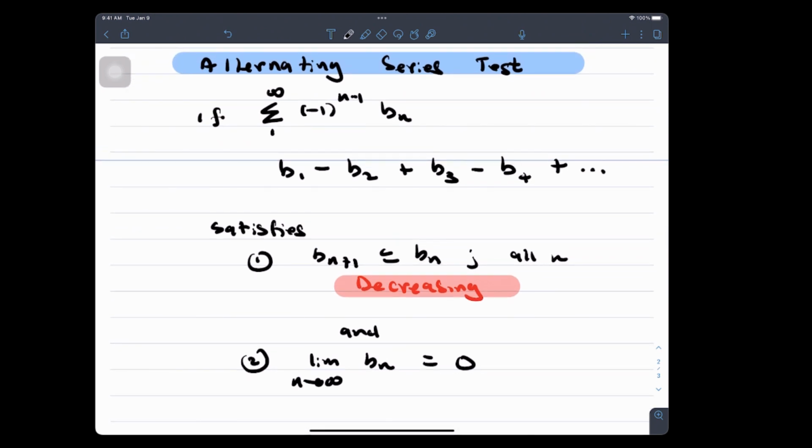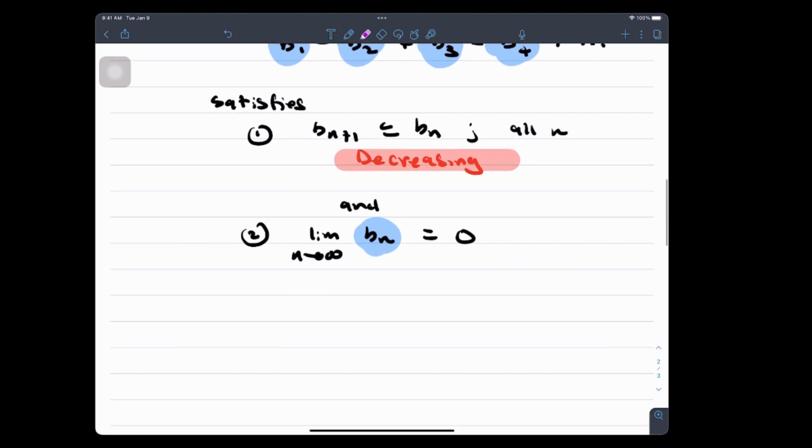Okay, so here's what you want. You want these Bn terms right in here to be decreasing. Those terms are decreasing. And the limit is what? 0. This is your alternating mechanism. Then you have the following.